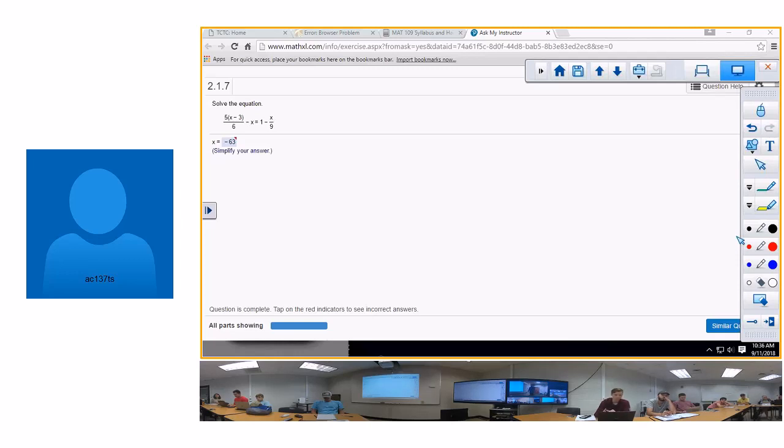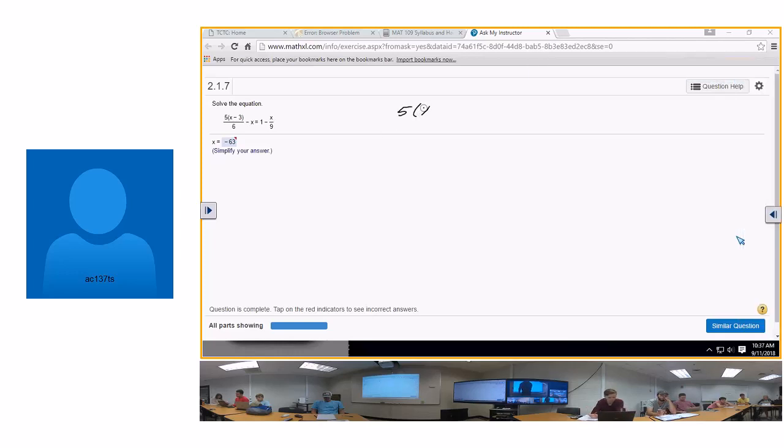If you make everything a fraction, then you're depending on 4th grade mathematics. If you don't know 4th grade mathematics, then you're going to have a problem in this class. 5 times x minus 3 over 6 minus x over 1 equals 1 over 1 minus x over 9.